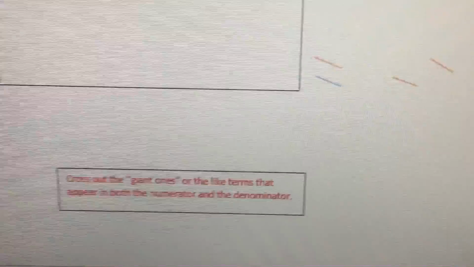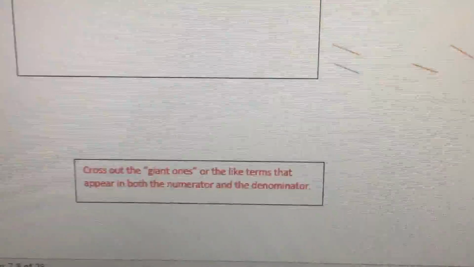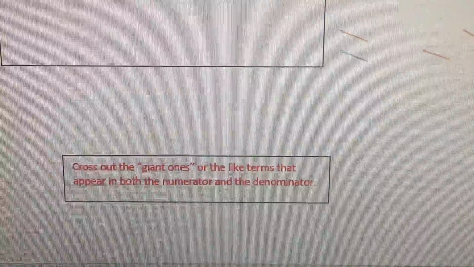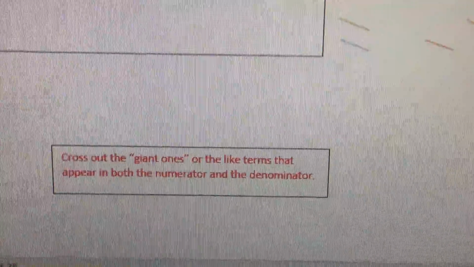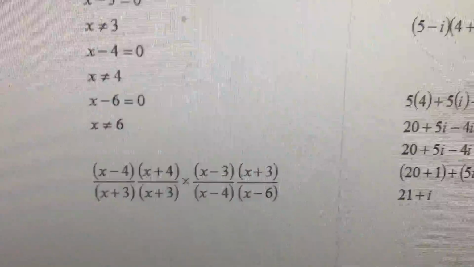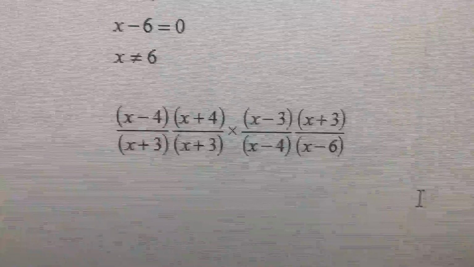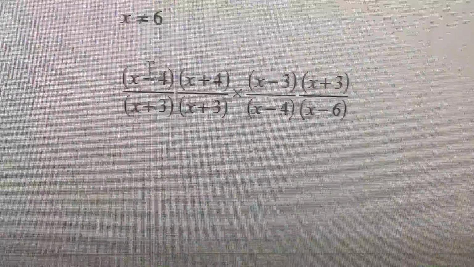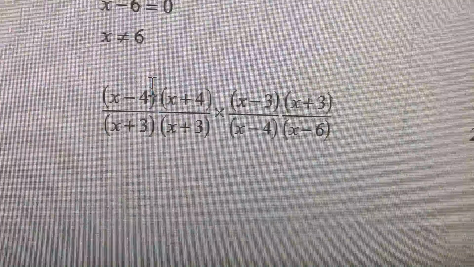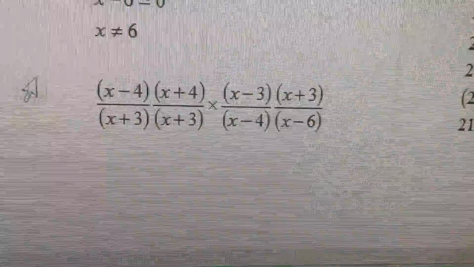Alright, once we have our exclusions, we cross out the like terms that appear in both the numerator and the denominator. This is a fun concept. We go through here and cross out what is in both the numerator and the denominator across the entire expression.